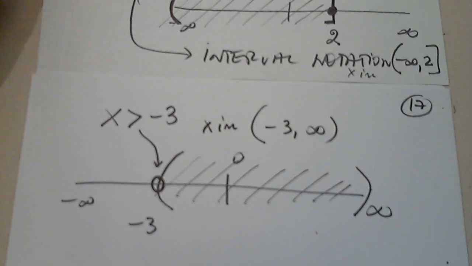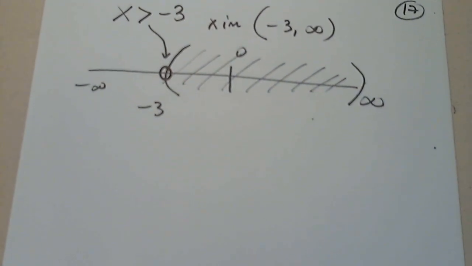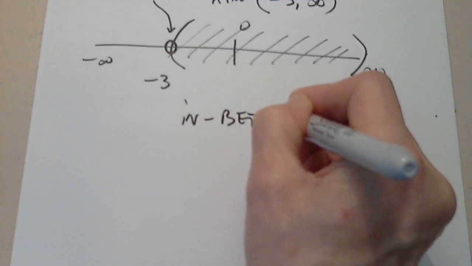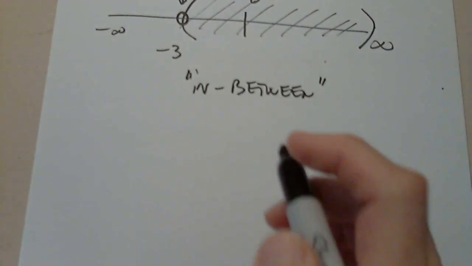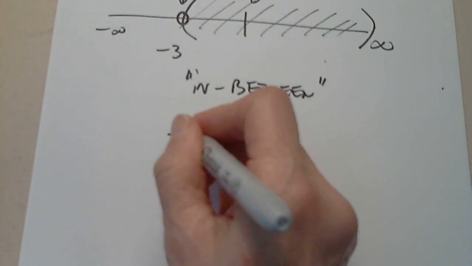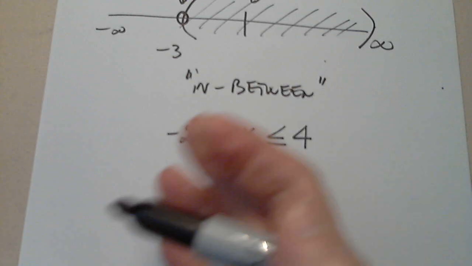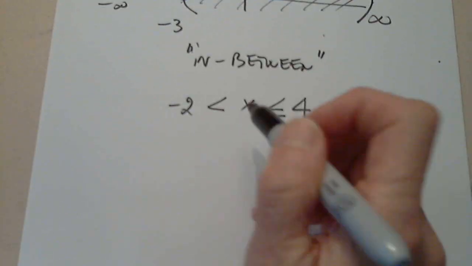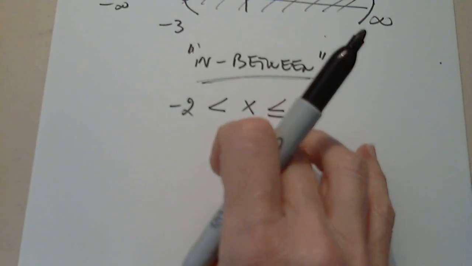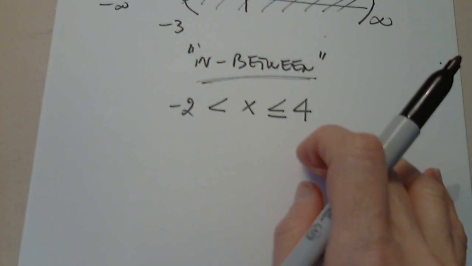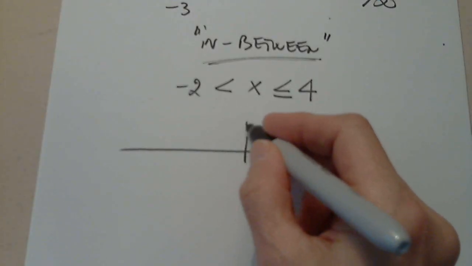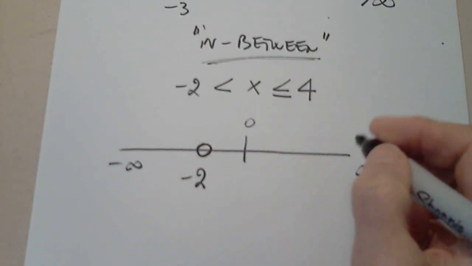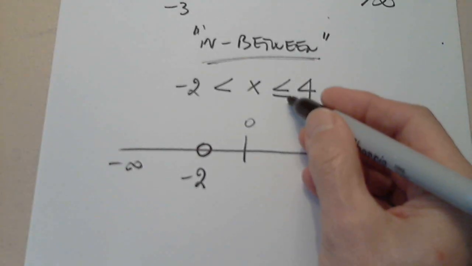I could also have a situation like this, the in-between situation. What does this mean? Greater than negative 2, but less than or equal to 4. So how do I read this? X is in between negative 2 and 4. On the real line, 0 in the middle, negative 2 with an open point, but 4 with a full point because the equal symbol is there.